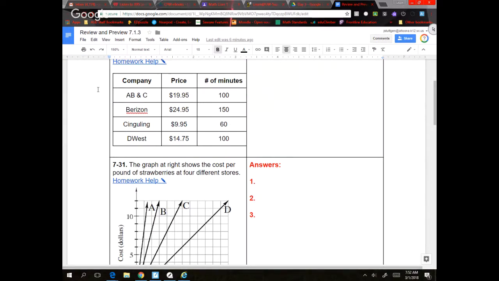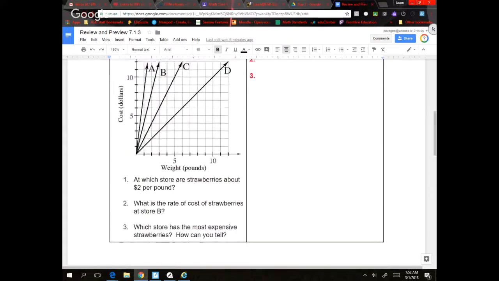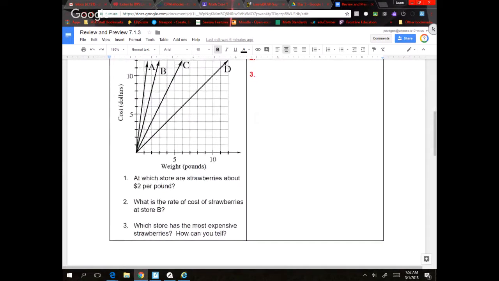Next one. We have a graph, and there's some questions on it. I had to make sure that I could get them both on the same screen. First one, which store sold strawberries at about $2 a pound? First thing you have to notice is the scale. You need to know that these are going up by ones. That's the first key in figuring this problem out.